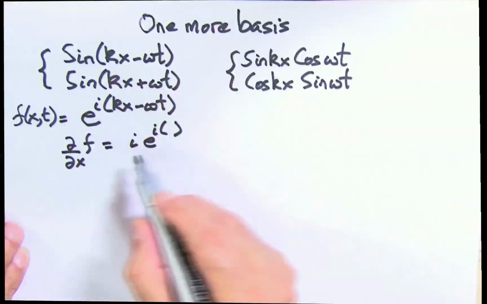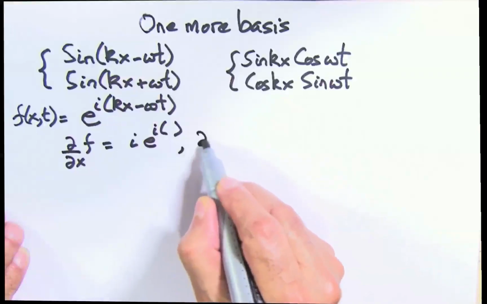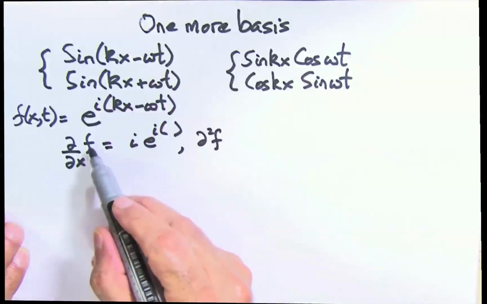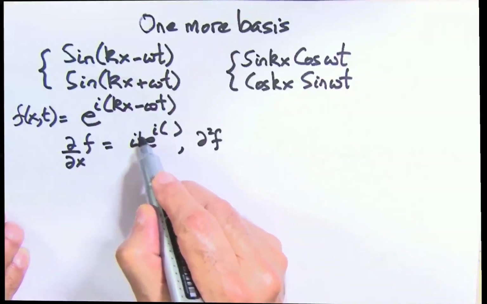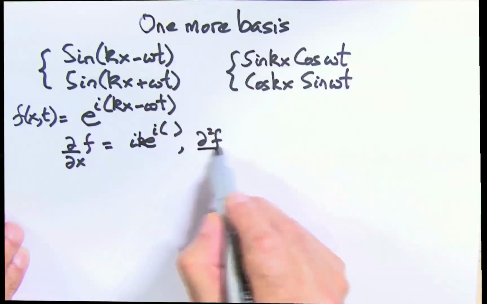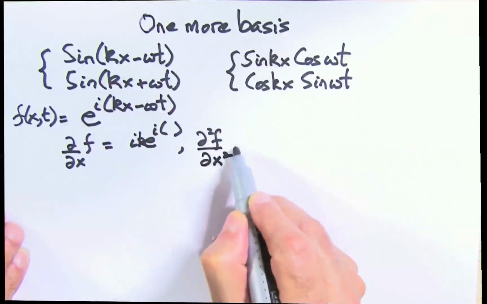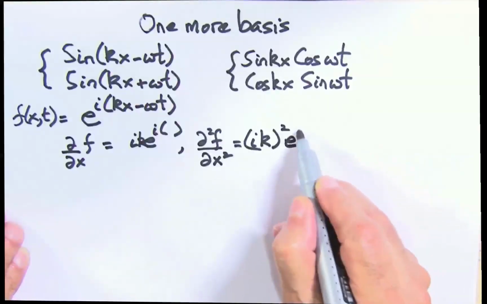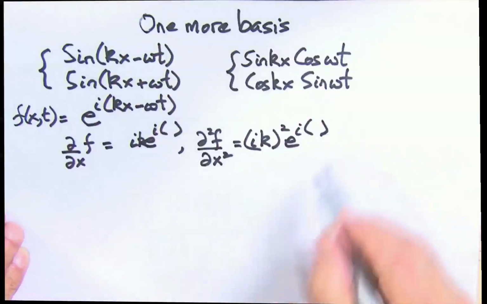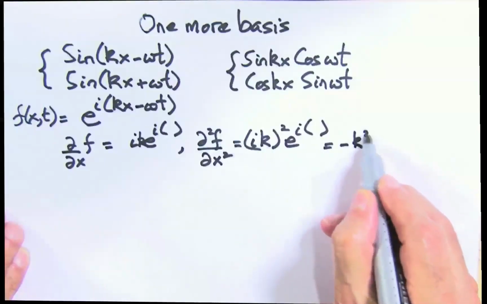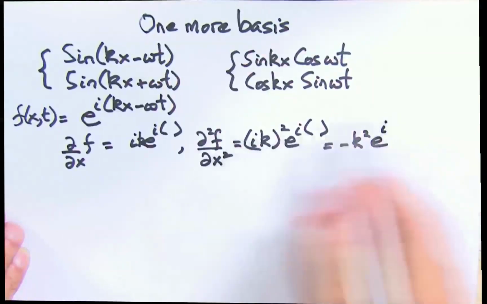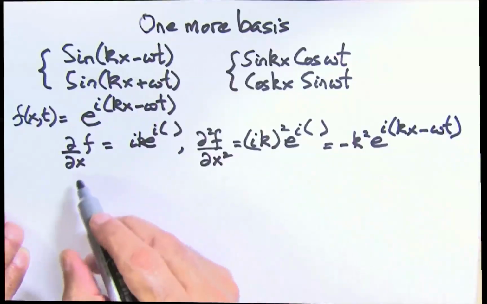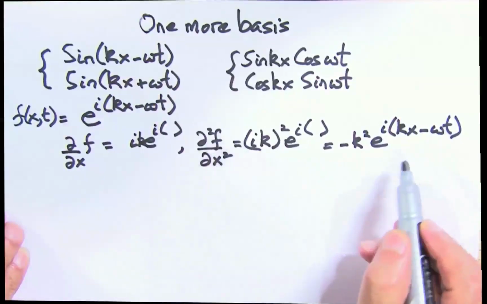If I take a second derivative, d2f dx squared, I will get ik and then ik again, so ik squared e to the i this, which is of course minus k squared e to the i, let me write it out now, kx minus omega t. Fine. And so d2f dx squared we have computed.